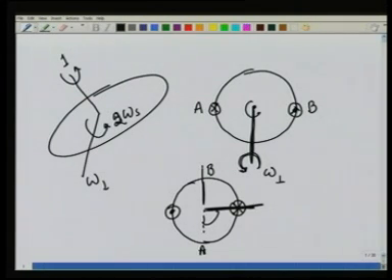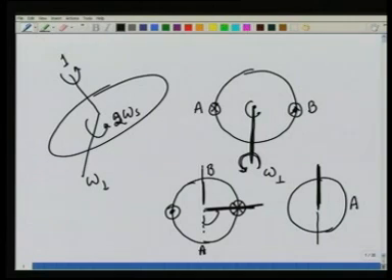Let us see the third situation. By the time this axis reaches here, so that this is A and this is B, the disk is again rotating about this point. So, there is a mismatch between the spinning and the perpendicular motion, and that is what gives rise to wobbling.